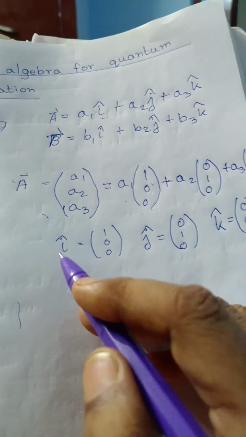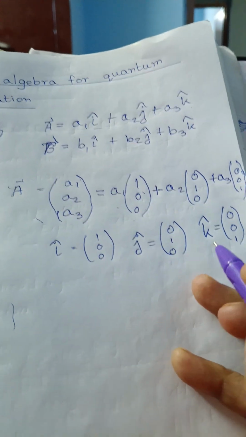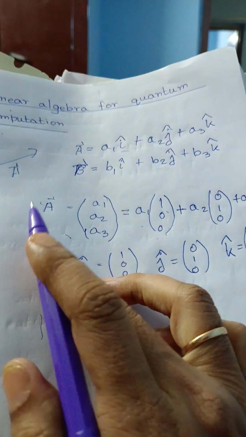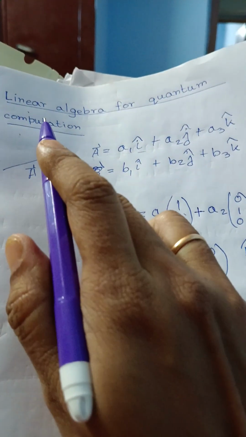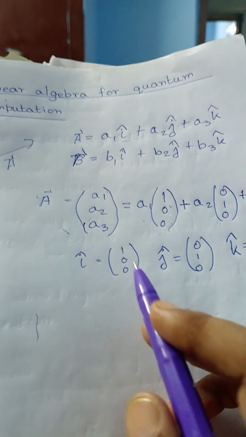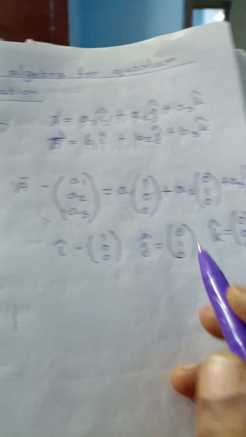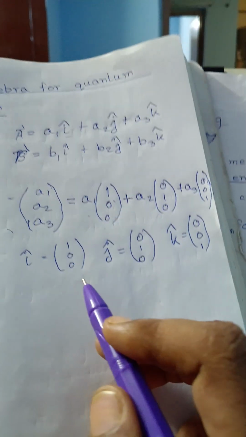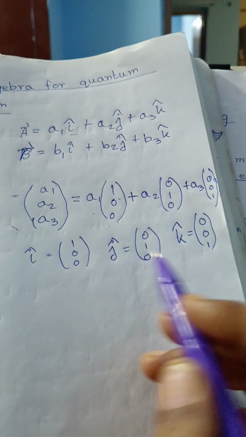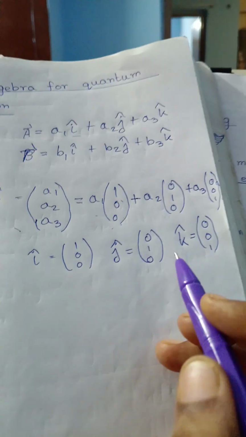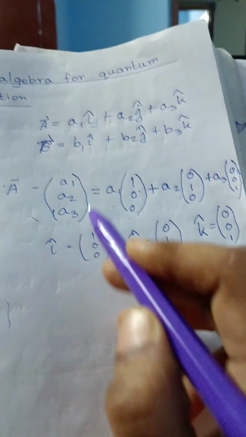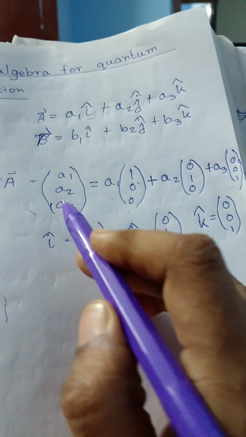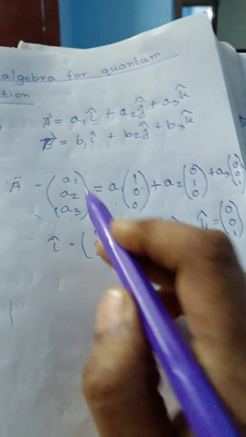Like i cap, j cap and k cap, in the language of vector analysis we call them unit vectors. In the language of linear algebra, these column matrices 1 0 0, 0 1 0 and 0 0 1 are known as the three basis states representing a three-dimensional state vector. These column matrices having three components are called state vectors.